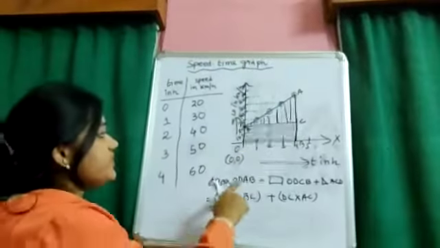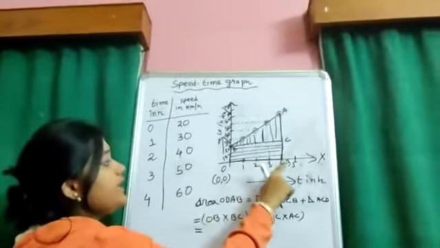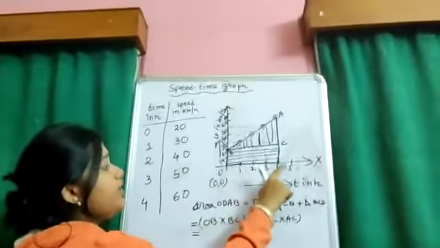Now, OB is how much? OB is 4 hour. 4 hour into BC, which is nothing but OD. You can see this point is at 20 kilometer per hour.